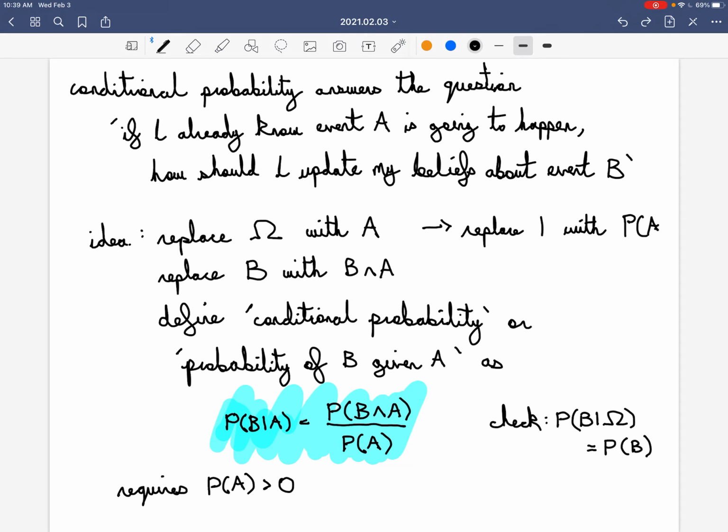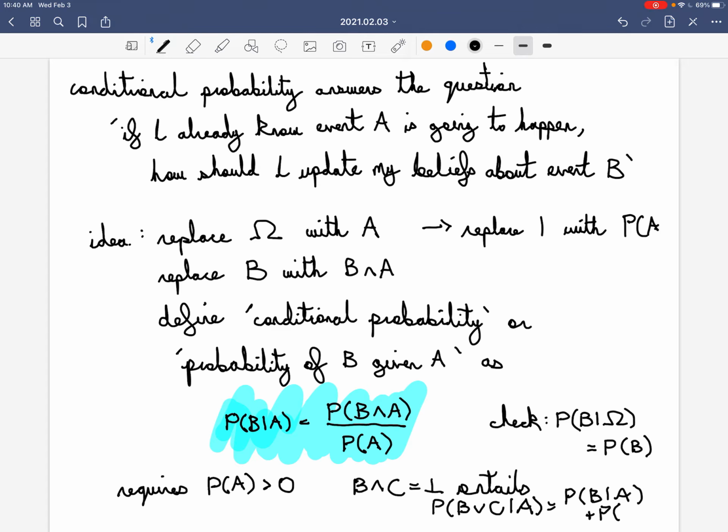For example, we can say that if we have two mutually exclusive events, then the conditional probability of the disjunction is the sum of the individual conditional probabilities.